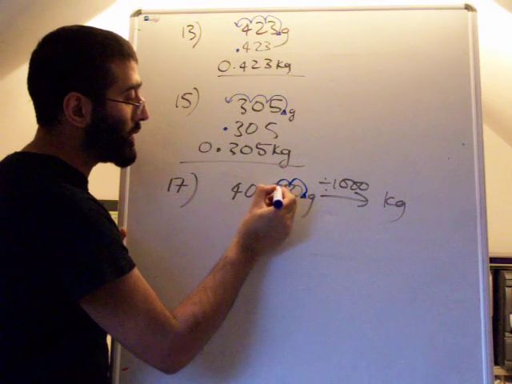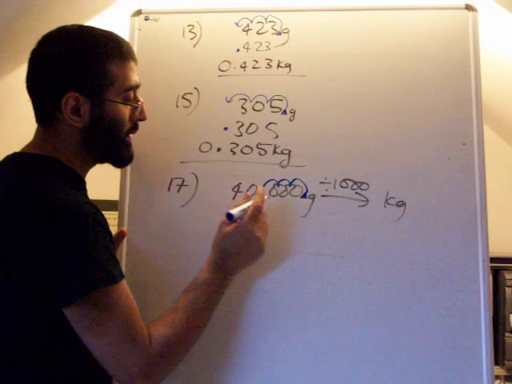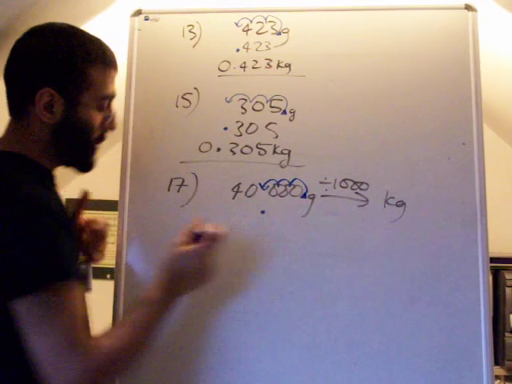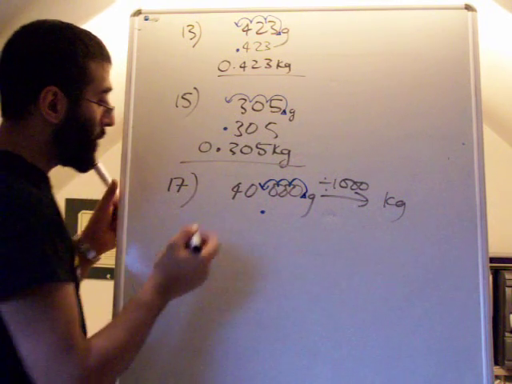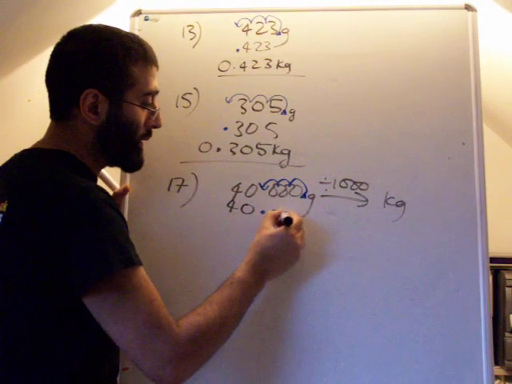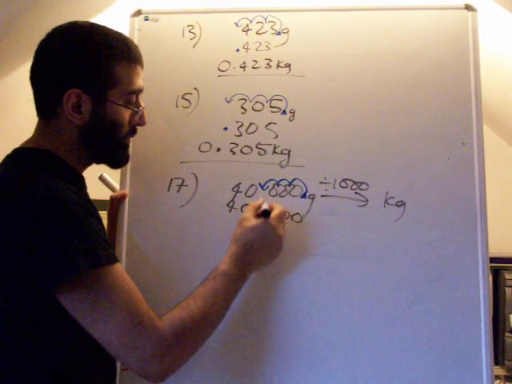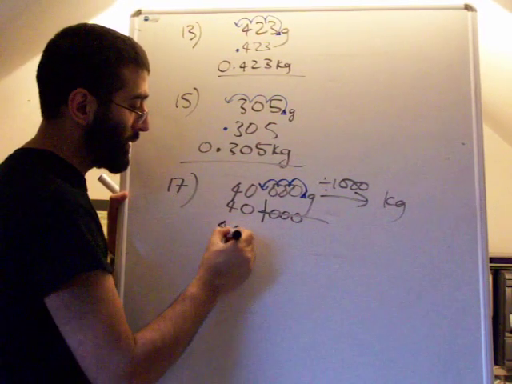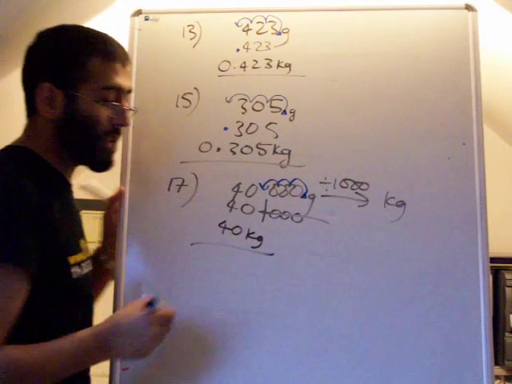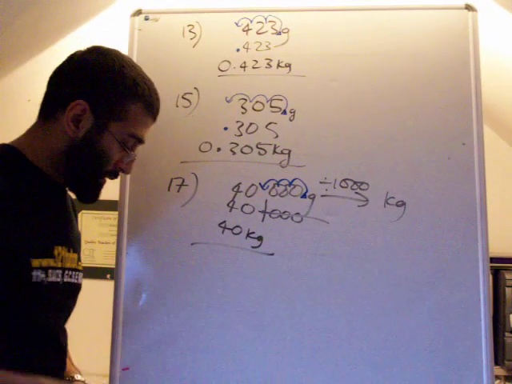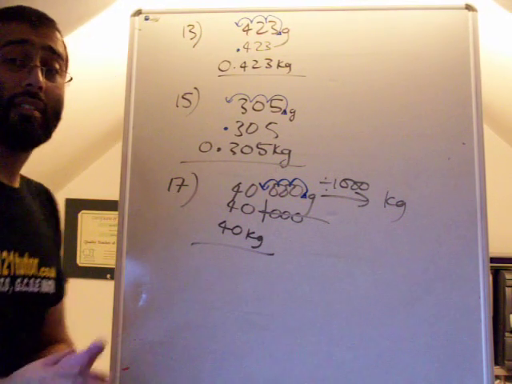Go back 1, 2, 3 places. Decimal point lands there. Copy all the numbers underneath. Well, 40.000 is simply 40 kilograms.